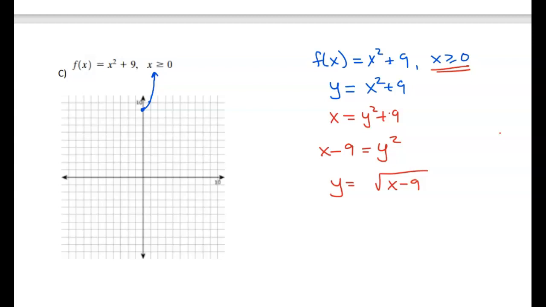Okay, so we can graph this or use the mirror image. So here is 0, 9. We're going to go to 9, 0. And here's 1, 10. We're going to get to 10, 1. And then we draw the square root, which is a square root graph shifted 9 units to the right. Okay, so this is the inverse.